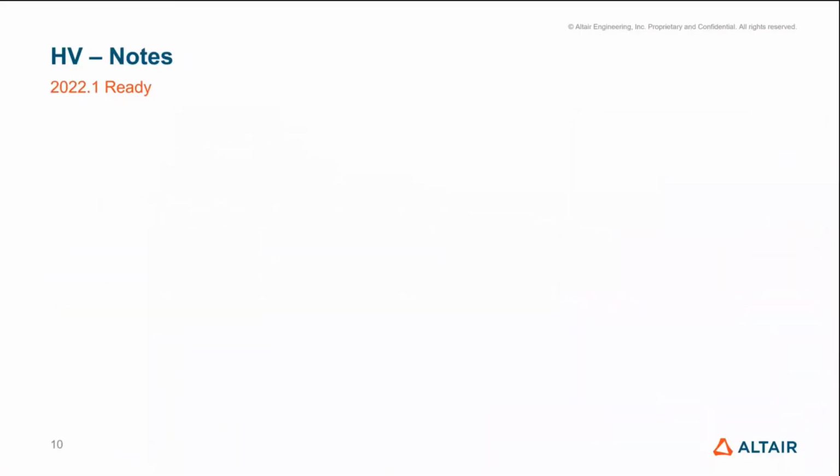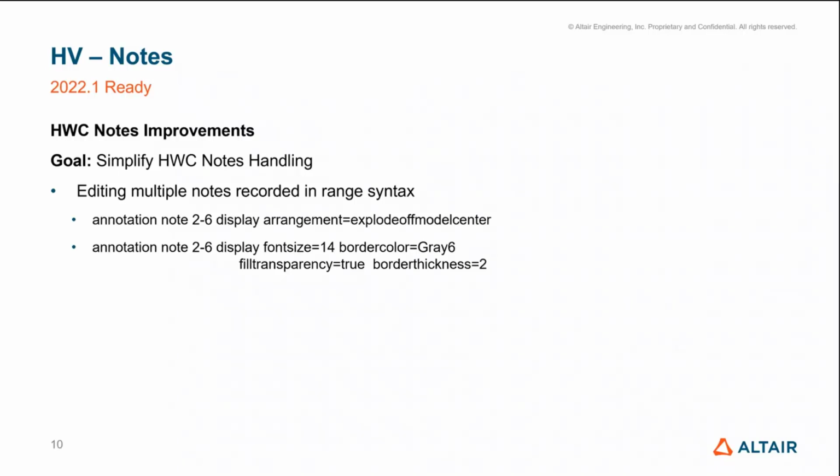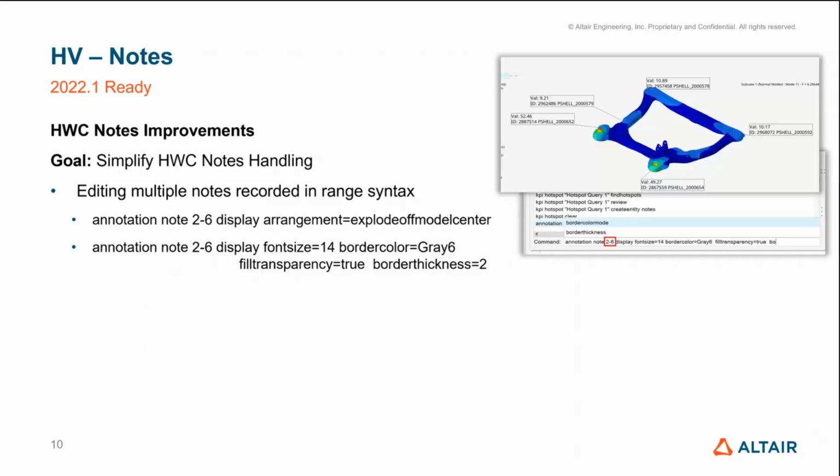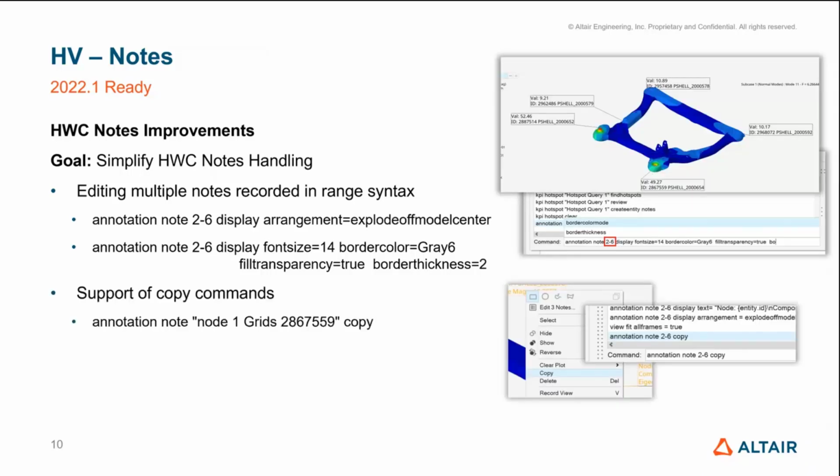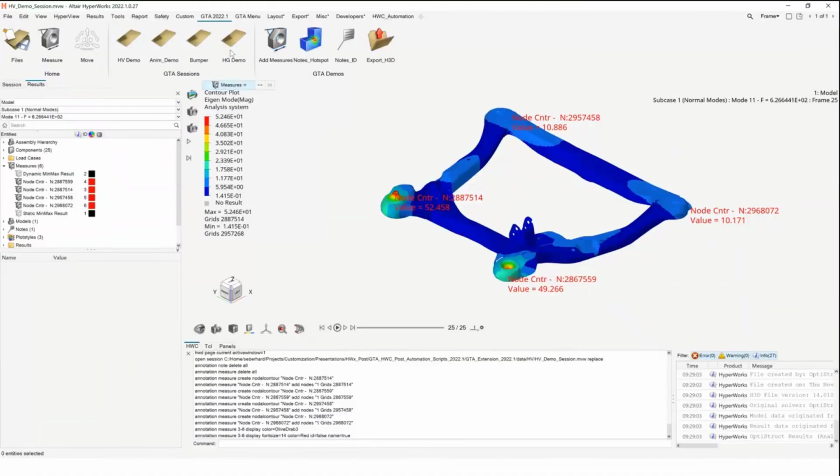The same is true for nodes. Here we also have range syntax support, and the copy command is now supported as well. So, a quick live demo: I load the nodes from ID.